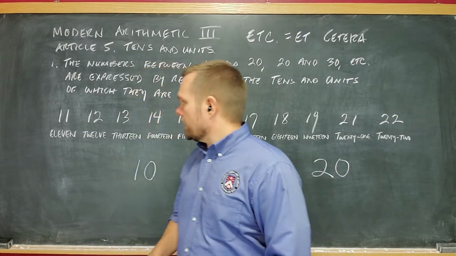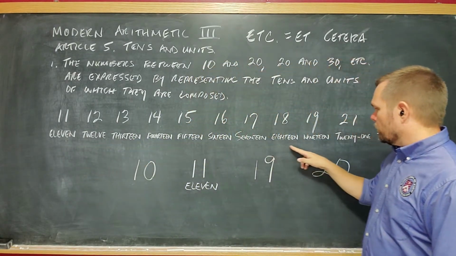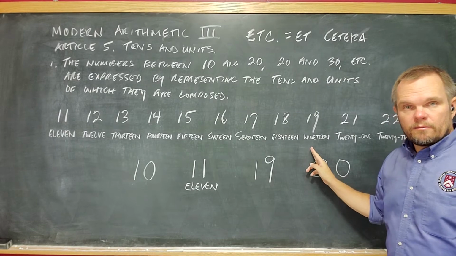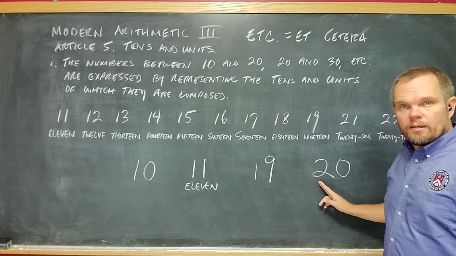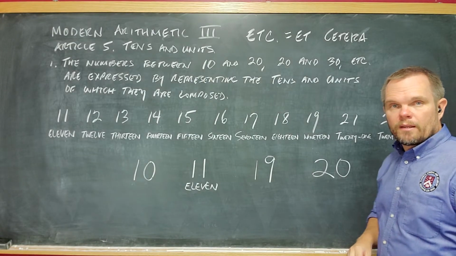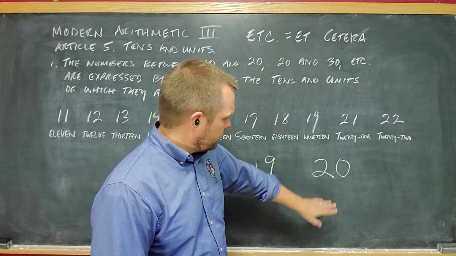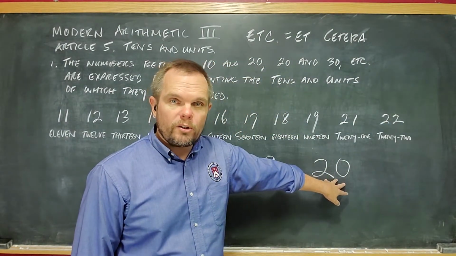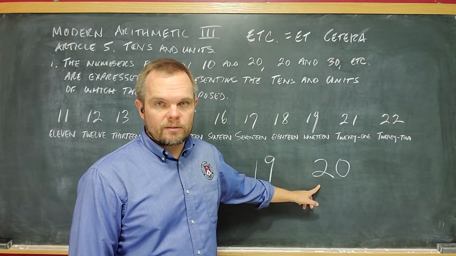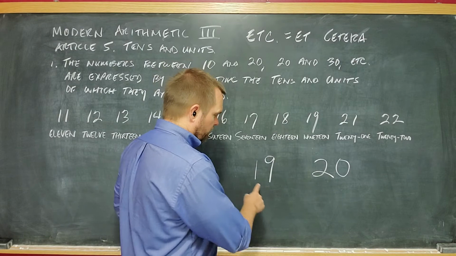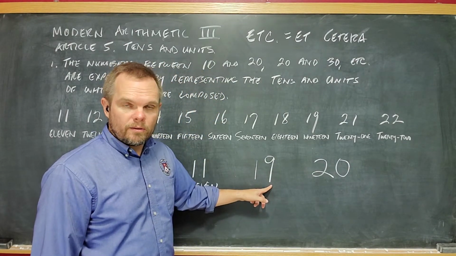So we can now write any of the numbers from 10 all the way through 19. And we already know how to write 20, 2 tens and 0 units. If I took 1 unit away from 20, I would not have 2 tens. I would only have 1 ten and 9 units.